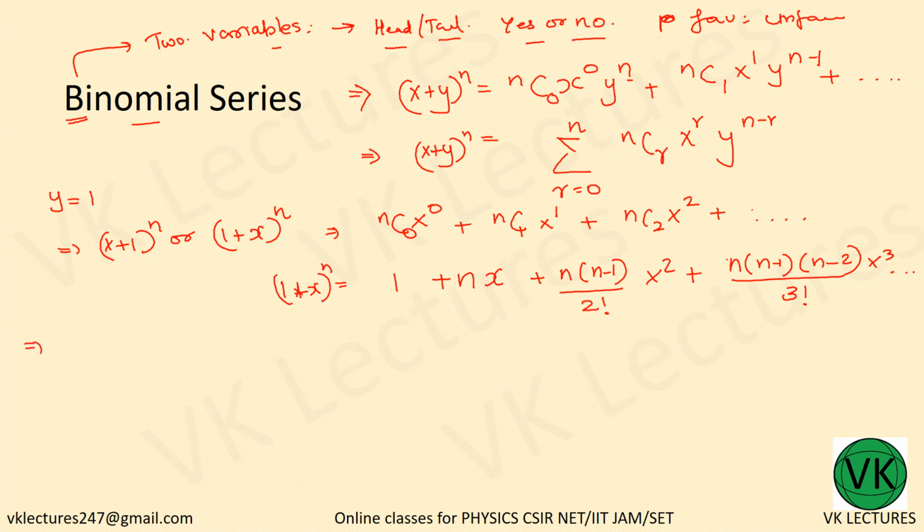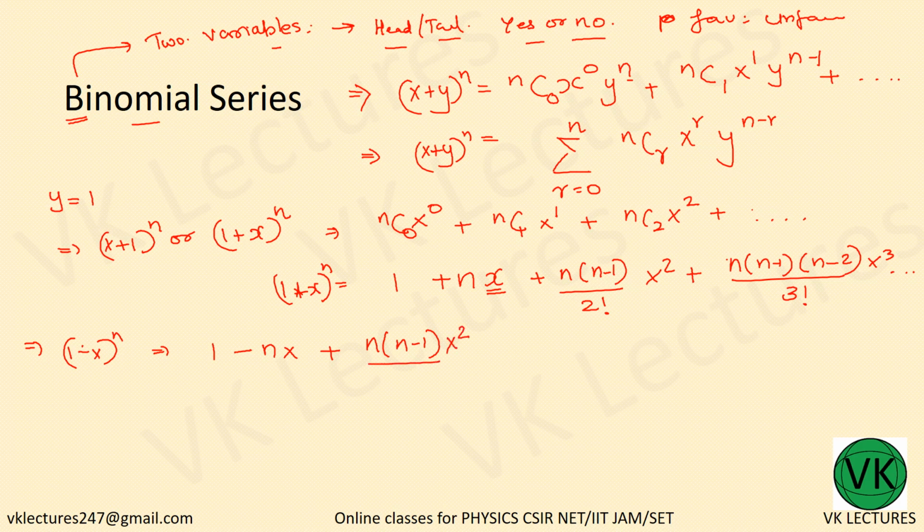Similarly you can write it for (1 minus x) whole to the power n. What you have to change is the coefficient, that is x to minus x, then it would become 1 minus nx plus n into n minus 1 by 2 factorial x square.